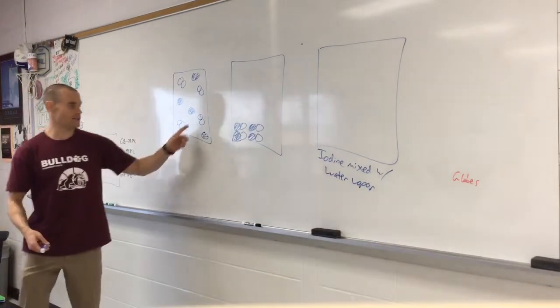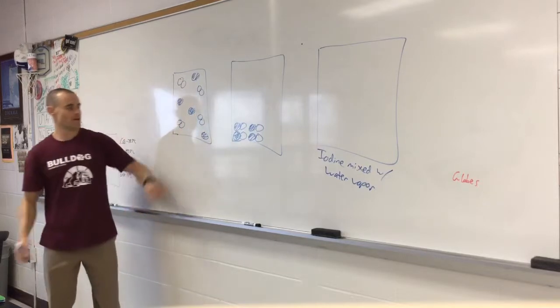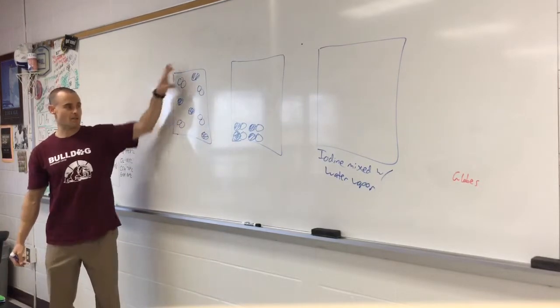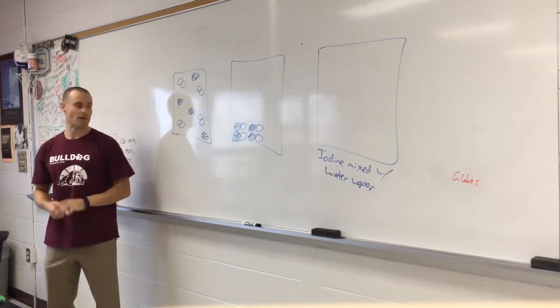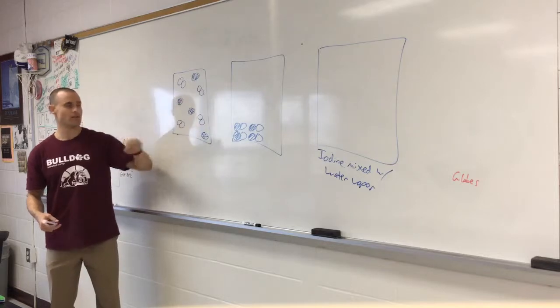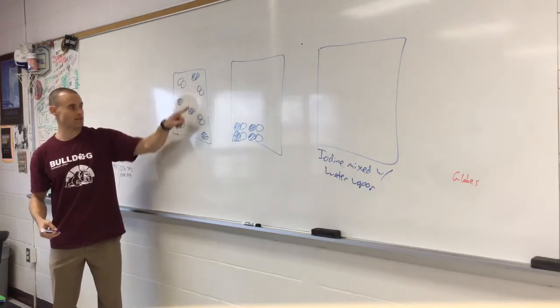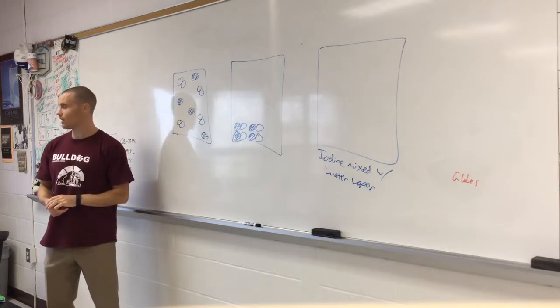Okay, let's see if we can at least get these real quick before the bell rings. Can anyone tell me, first of all, is this box a mixture? Yes, because you have this substance and this substance. What's this substance with the shaded circle? What would you give me a name for that? An atom? Good, what else? An element.